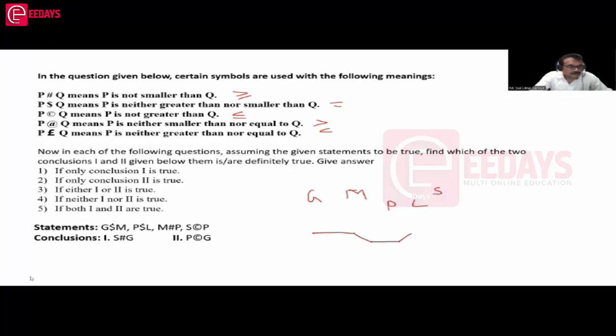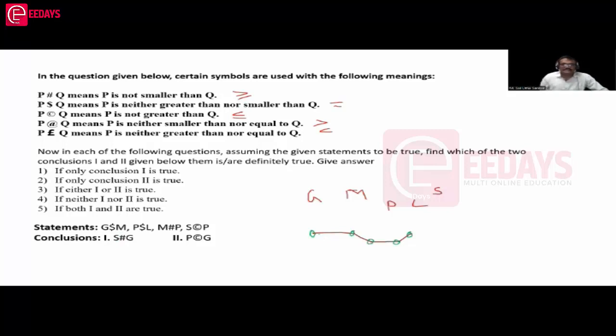Here there is a relation between the S and P, L. There is a relation between G, M, P, L. What is the relation between the S and P? We don't know. Leave it. Now come to the first one, S and G. And what is the next one? P and G. What is the S hash? S is greater than or equal to G.